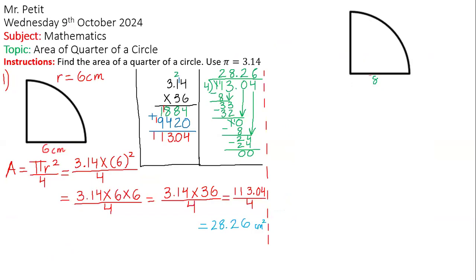I think 8 is a nice one to use. So what is our radius? 8 centimeters, because it's already halved, right?